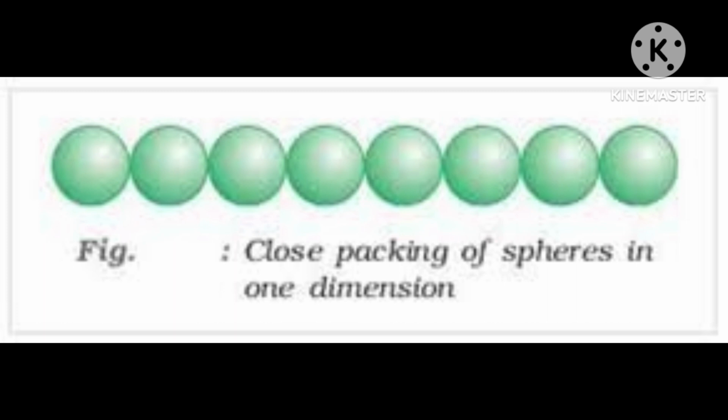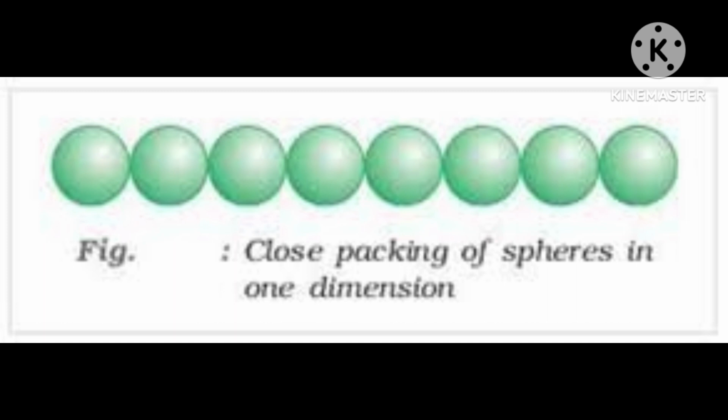This is the one dimensional arrangement, all will touch each other. Suppose you have taken ten, then you arrange the ten in one row and all should touch. This is the arrangement in one dimension.